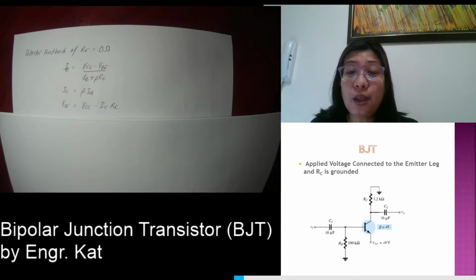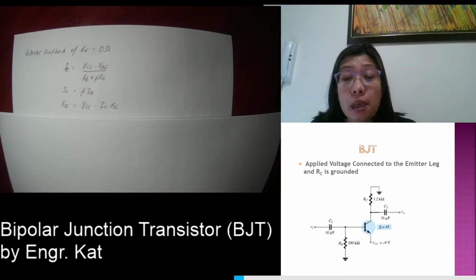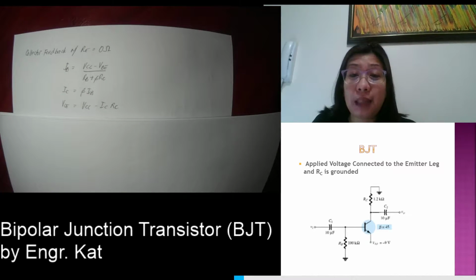Okay, so instead of VCC, we placed your supply at the emitter terminal. So if you might be wondering why we have a negative source at your terminal, that is because that is an NPN type of transistor.